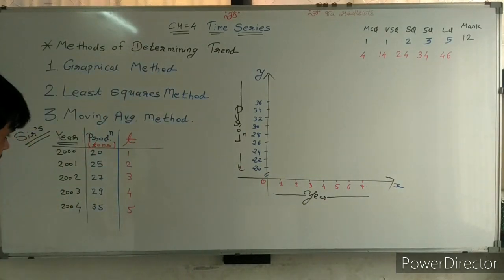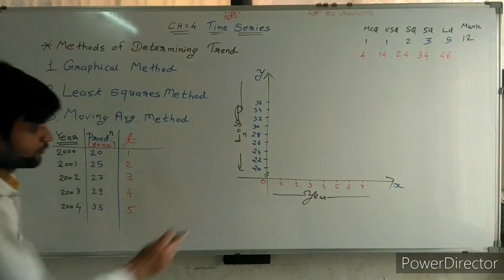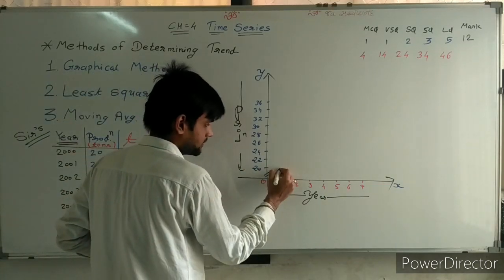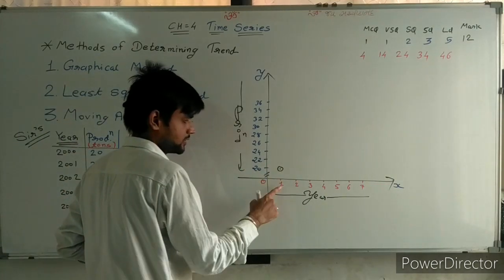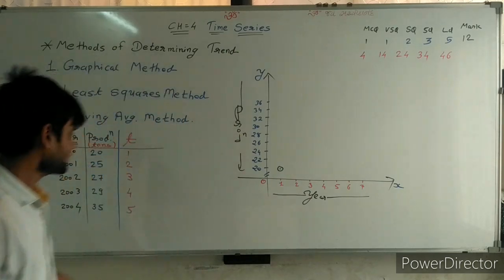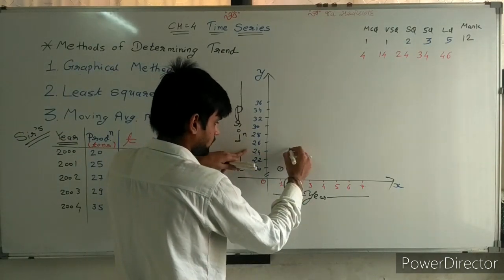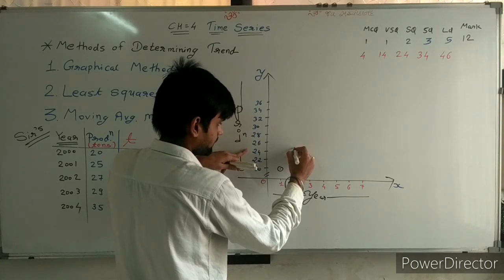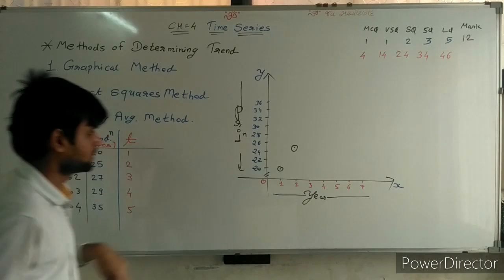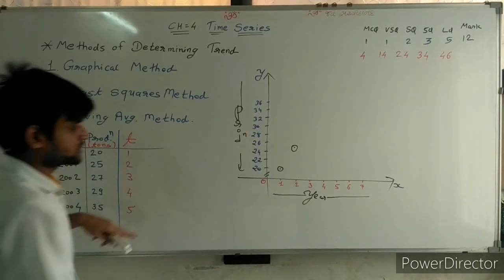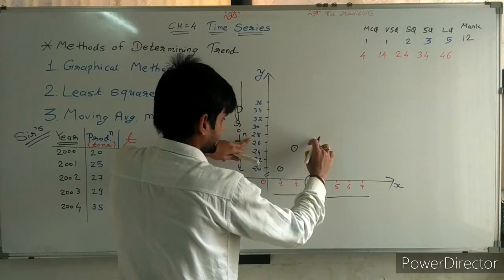Going ahead. Sir, first year 20. So first year 20. Second year 25. So second year 25. Third year 27, so third year 27.